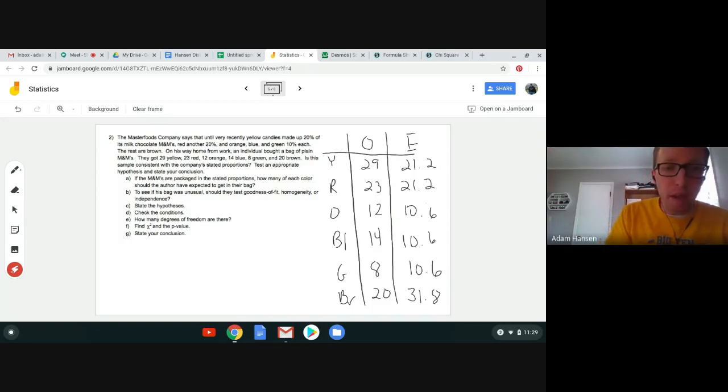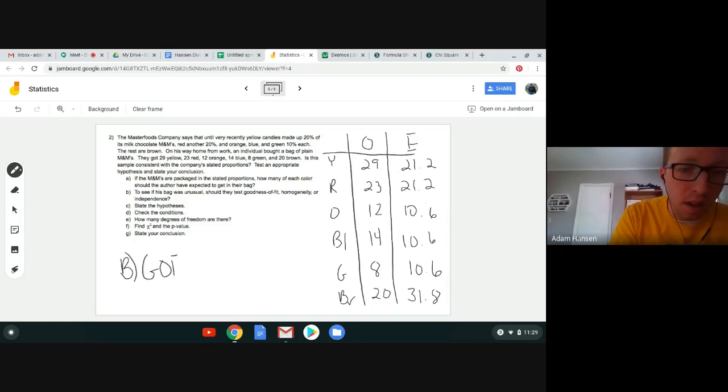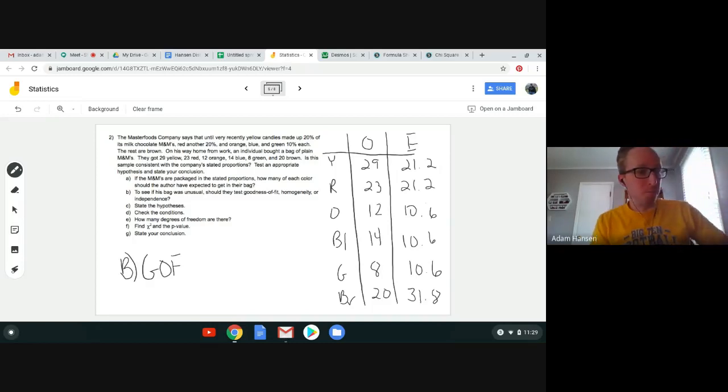Letter B, if the bag is unusual, should they test goodness of fit, homogeneity, or independence? We're going to test goodness of fit. How well does our bag of M&Ms fit some given distribution?